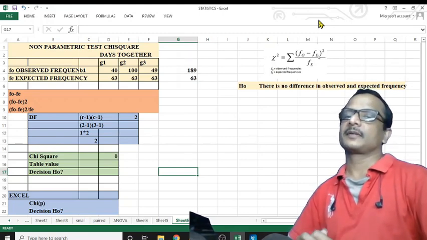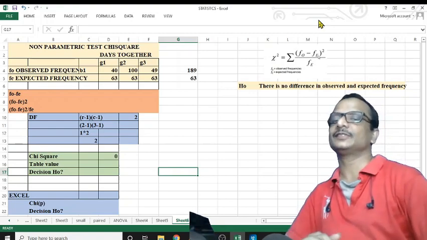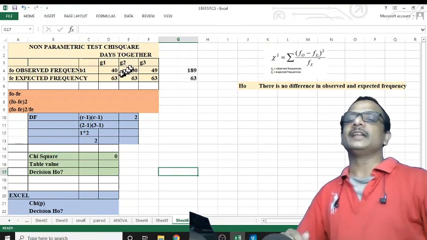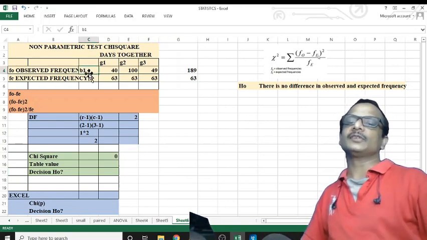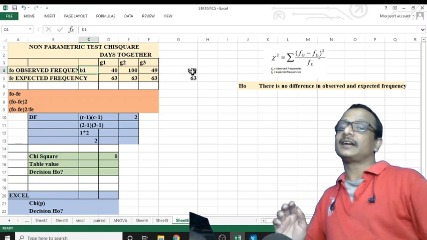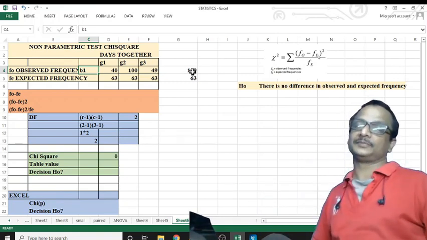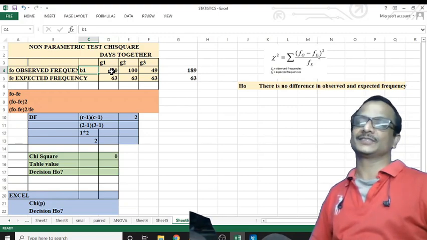Here there is an interesting situation. Just think about this situation. In one college, for one semester, for the 189 days of the semester, a particular boy sits with one girl for 40 days.